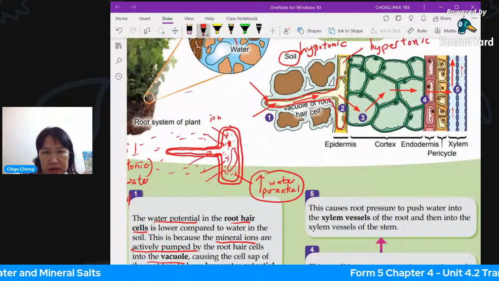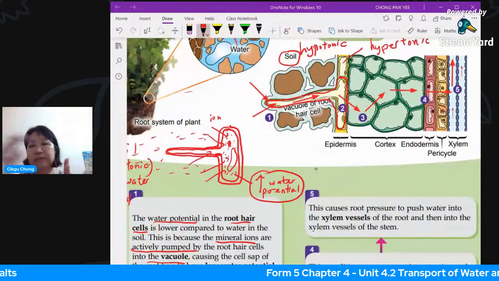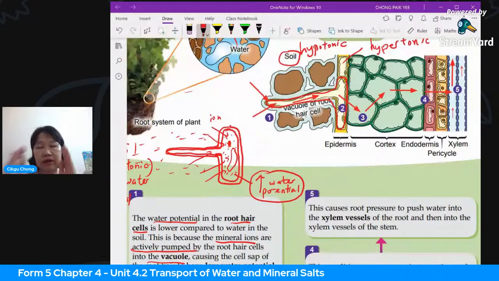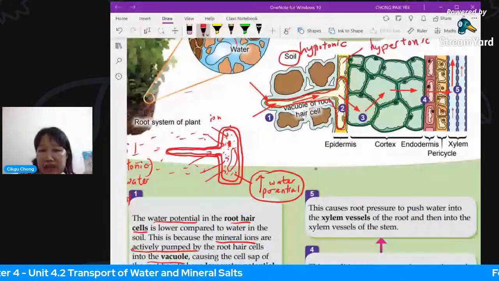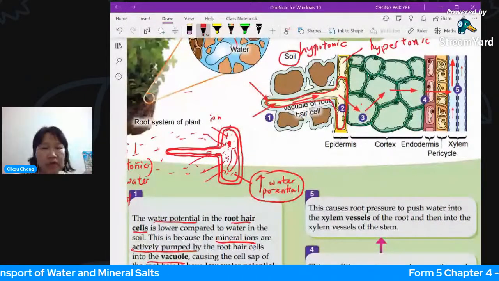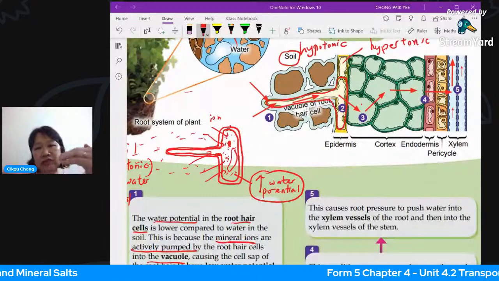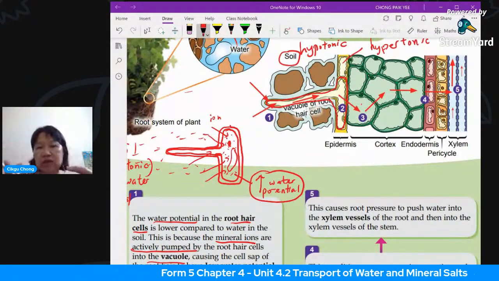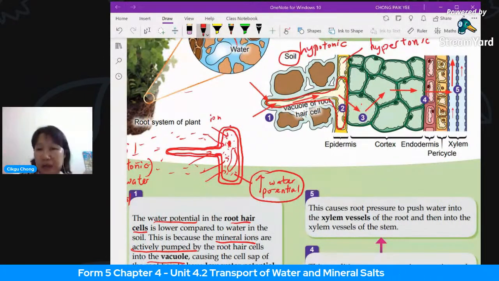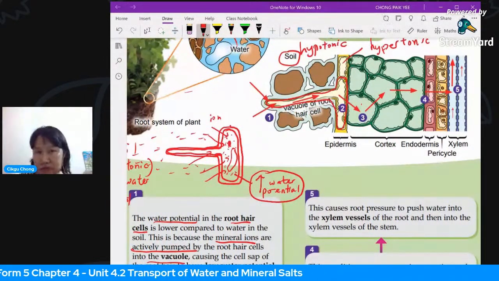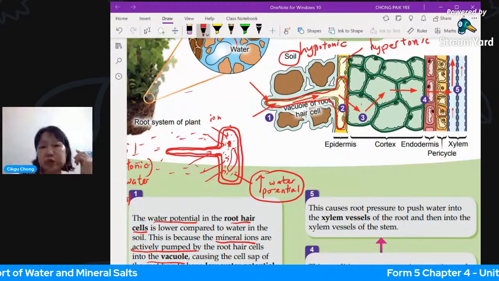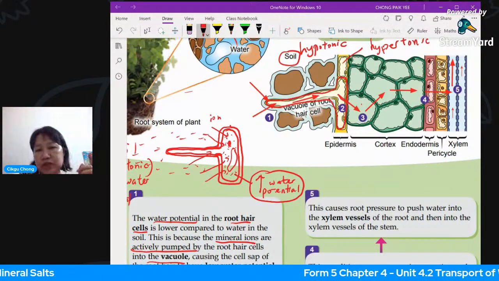Number 2 here, now we're talking about the inner part. After the epidermis, you have the cortex. Comparatively, it will be hypertonic because less water. Here water has moved into the cell, number 2. Because of the difference in the concentration of water, the cortex has low water potential, while the epidermis cell or root hair cell has high water potential. So again this water is going to be transferred to the next part.